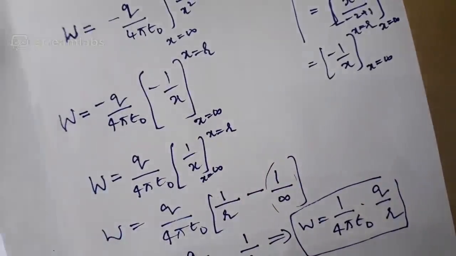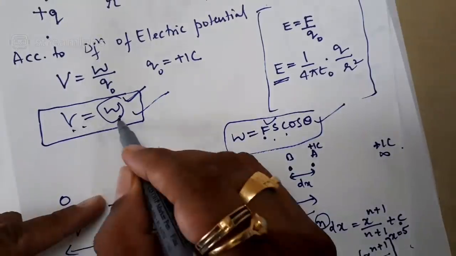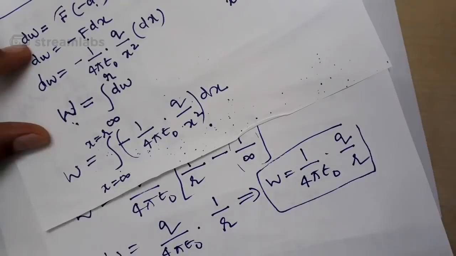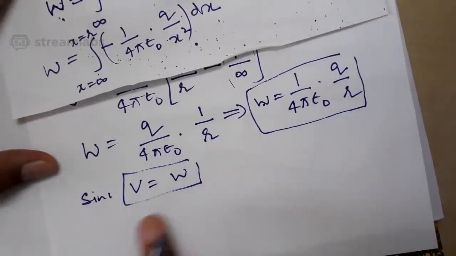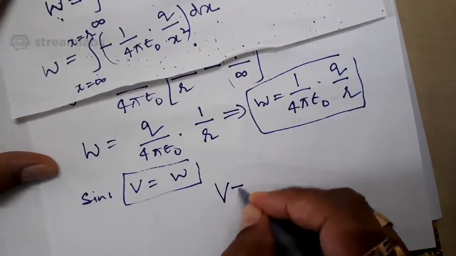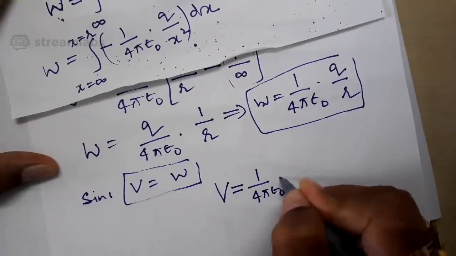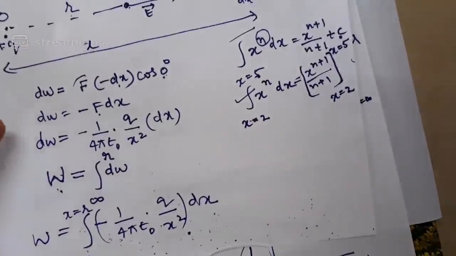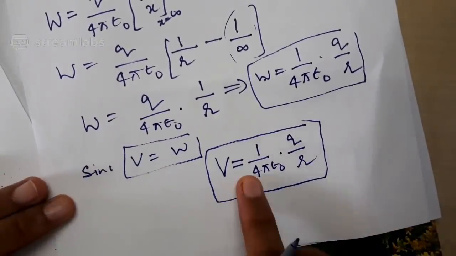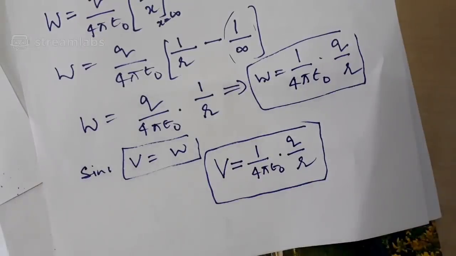According to our definition, W is numerically equal to V. Since W itself is V, instead of W I can write V. The final formula becomes 1 by 4 pi epsilon naught into Q by R. This is the expression for electric potential at a point due to a point charge. Read the formula: V is equal to 1 by 4 pi epsilon naught into Q by R.